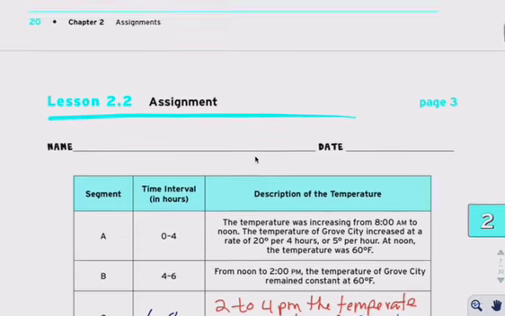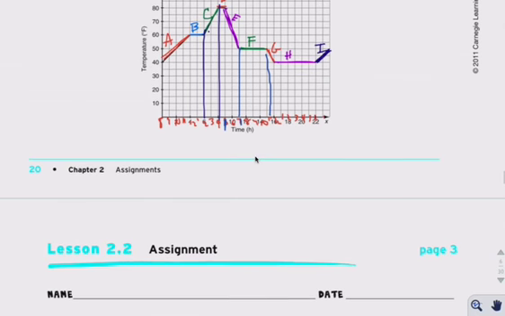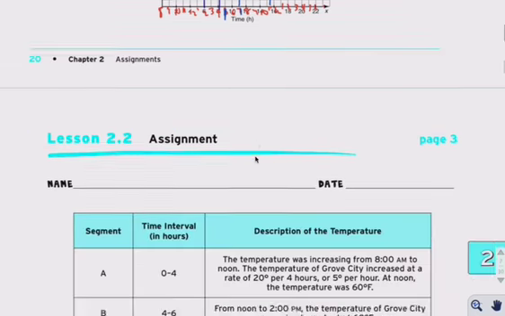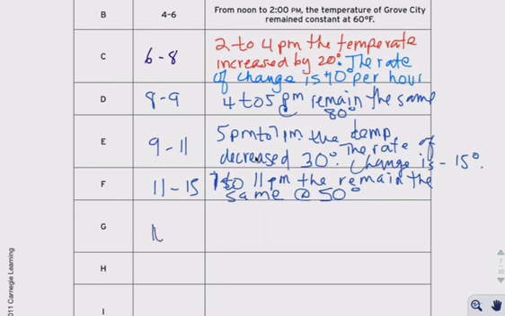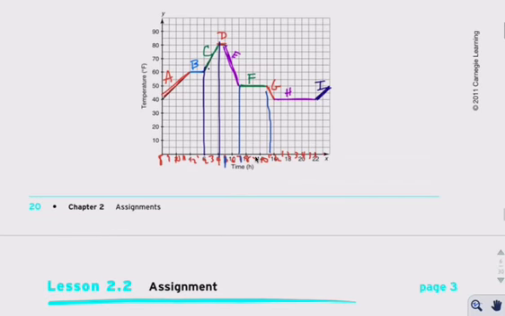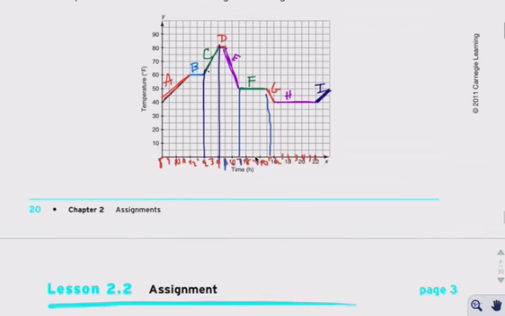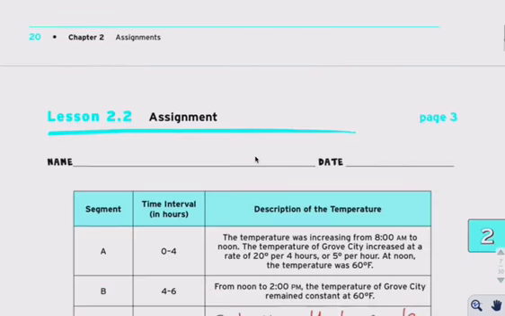Letter G is the interval between 15 and 16, sorry. And it is between 11 and 12 a.m., at midnight. It decreased by 10 degrees.